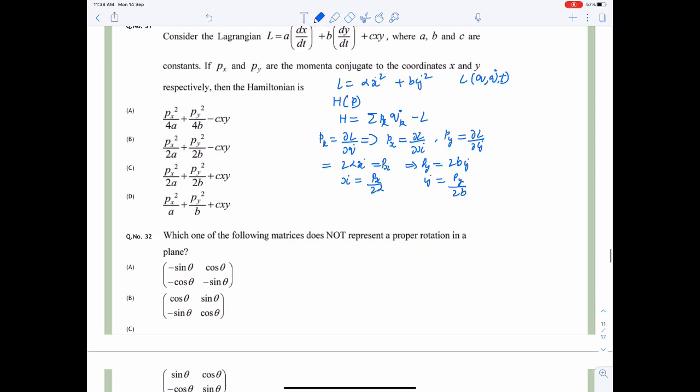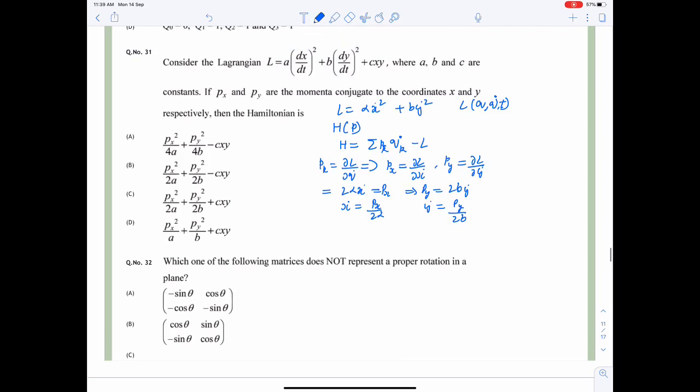Okay, so you have calculated this. Now you can apply the formula H equals px qx dot plus py qy dot minus L.